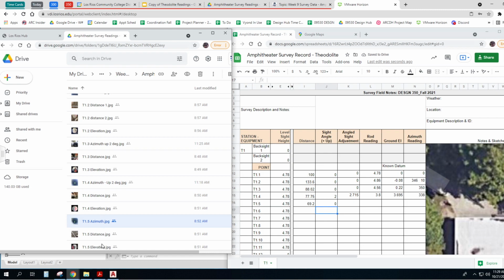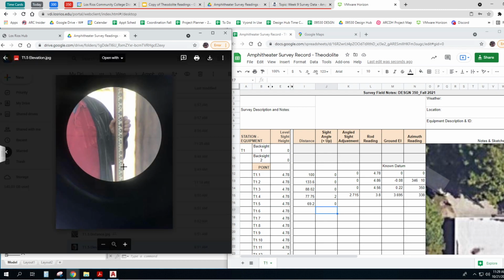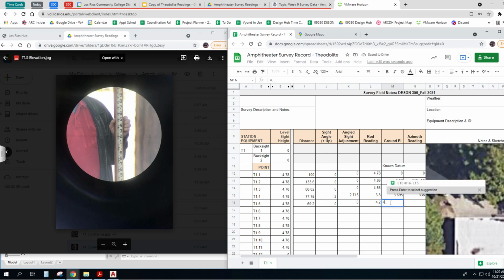So we can take our rod reading. .2 equals 0.58.